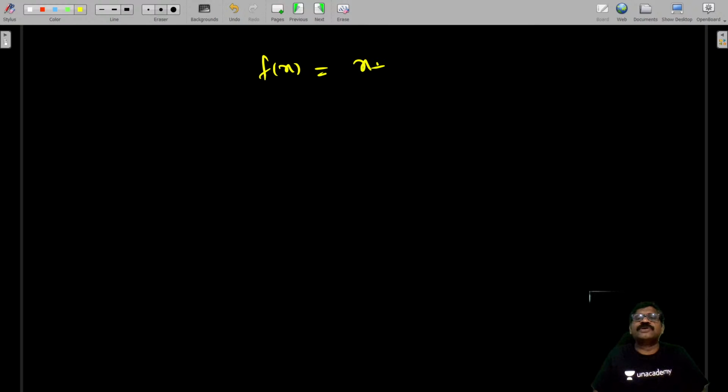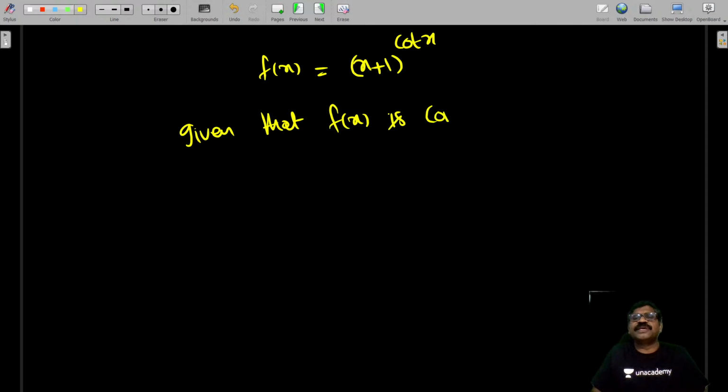F of x equal to x plus 1 power cot x. Given that f of x is continuous at x equal to 0.